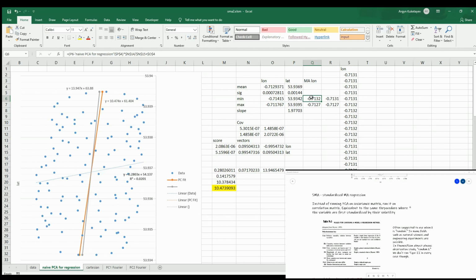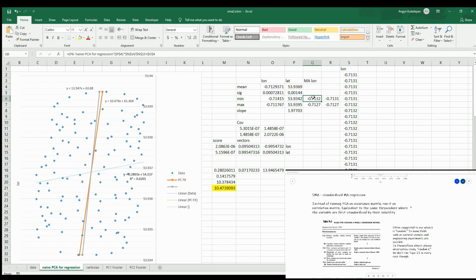In this formula, I'm taking the maximum or minimum latitude, subtracting the mean latitude from it, and then dividing by the principal component coefficient for longitude, multiplying by the principal component coefficient for latitude, and adding the mean of the longitude.